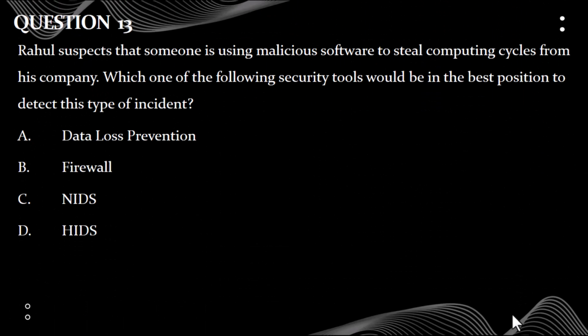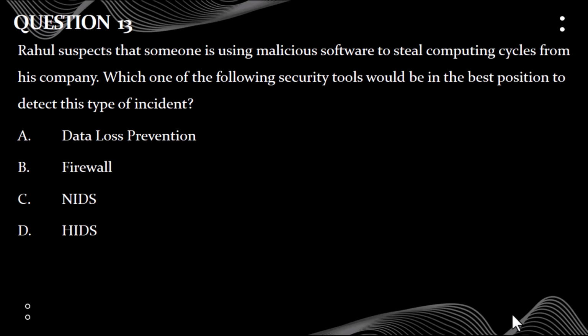Question 13. Rahul suspects that someone is using malicious software to steal computing cycles from his company. Which of the following security tools will be in the best position to detect this type of incident? A. Data loss prevention. B. Firewall. C. NIDS. D. HIDS. A data loss prevention system is designed to prevent data breaches by monitoring and controlling data transfers.